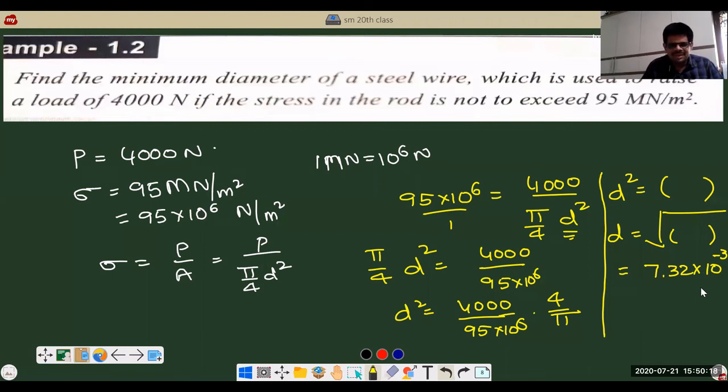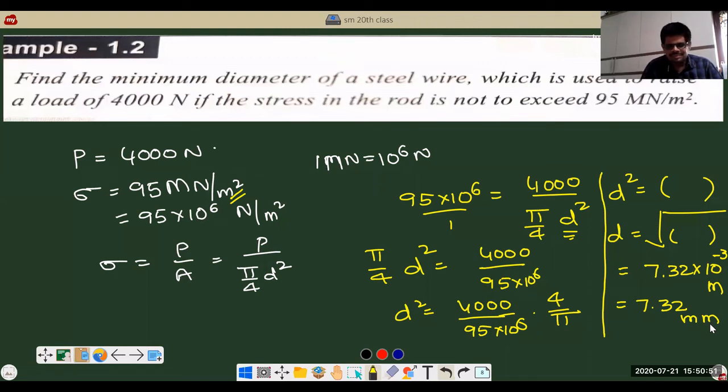The stress value is given per square meter, so the area will also be in square meters, and that's why the diameter also comes in meters. If you convert this into millimeters, it will become 7.32 millimeters. Sai, did you get my point?